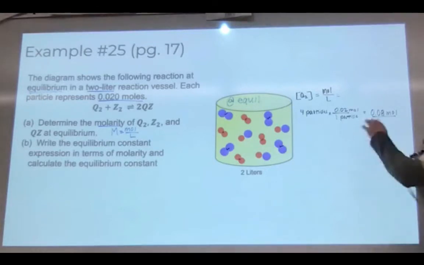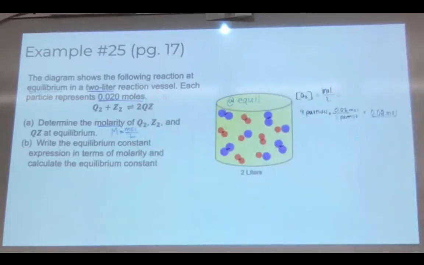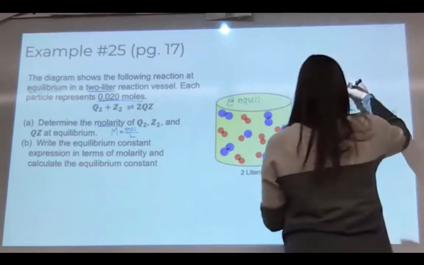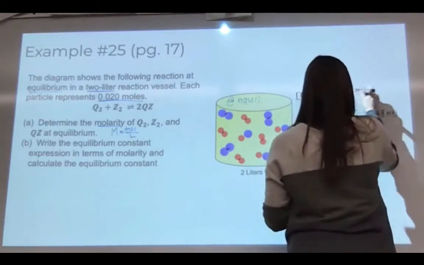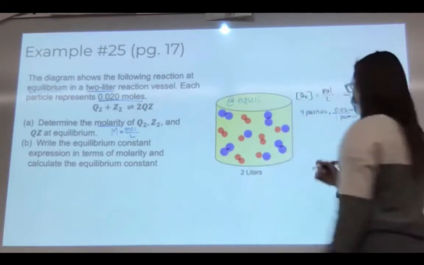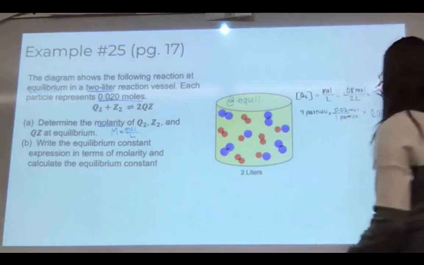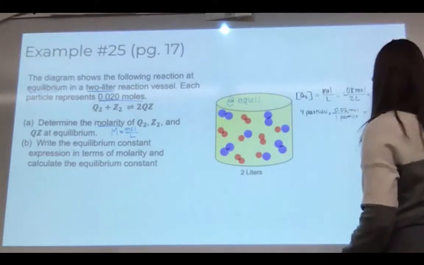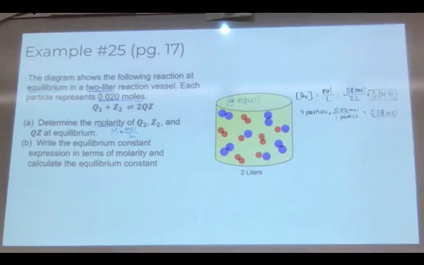So the reason that it's 0.08 moles is because they tell us here each particle represents 0.02 moles. So 0.08 moles over 2 liters of solution. We get 0.04 molar. There's Q2.